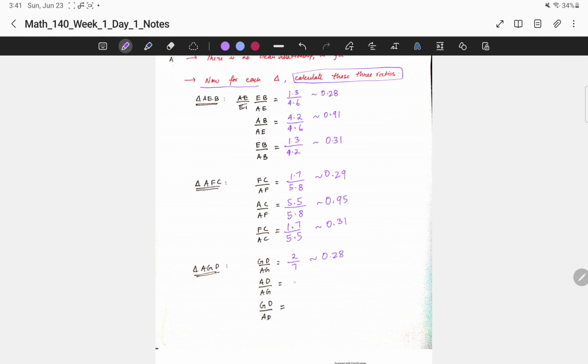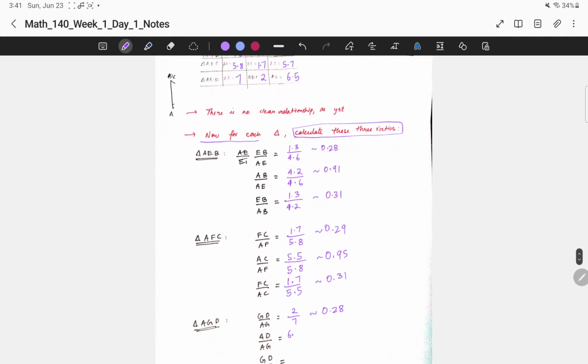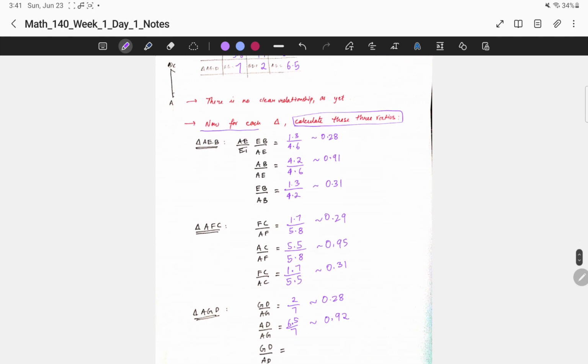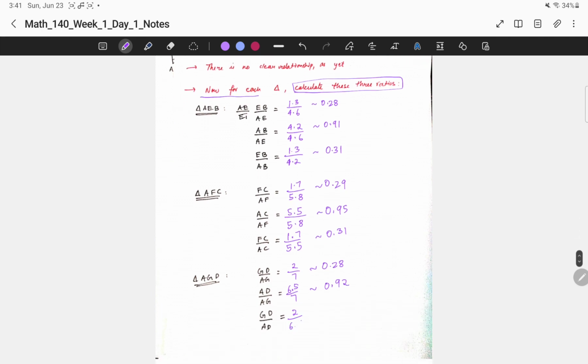AD is 6 over 7. It's going to be roughly 0.92, and 2 over 6.5, which is 0.31. Now the interesting part is, even though you may have different numbers, the ratios that you have, in all three triangles, should be somewhat similar.